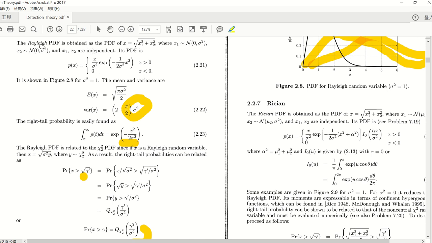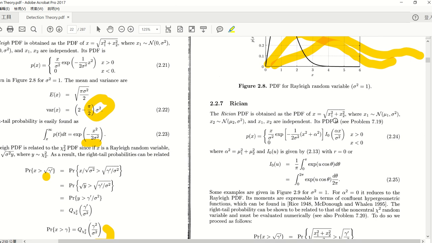That is Rayleigh. Okay, and then for this we still have the same variance, except the mu2 and mu1 are different. They are no longer zero mean. They become non-zero mean.